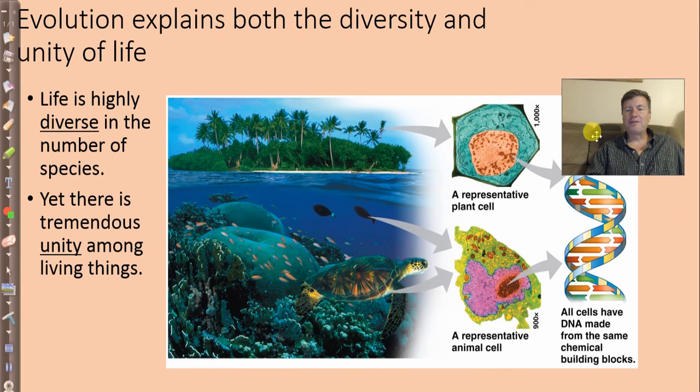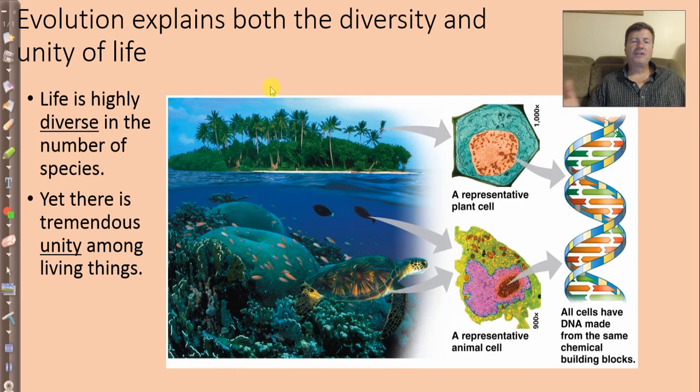So bringing it back as we wrap up the video, evolution then explains both the diversity of life and the unity of life. Life is diverse because there's lots of different kinds of species, lots of different groups that can't reproduce with each other because they've all become just different enough over time. And yet, there's also lots of similarity. As we said before, all of life requires water.